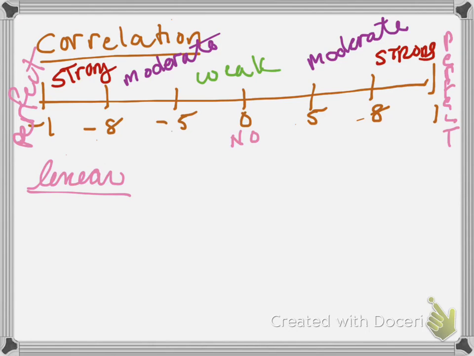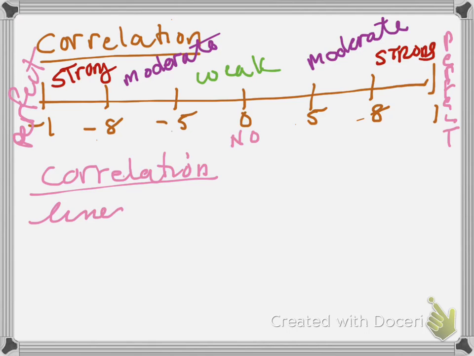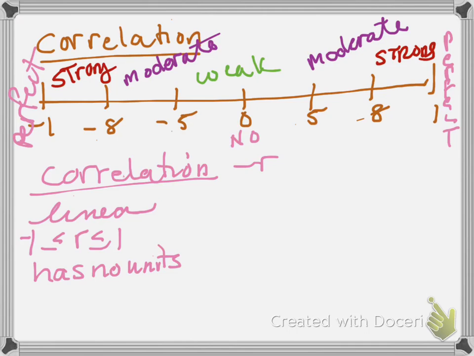All right, so let's write down the rules about correlation. It has to be linear. We denote the letter r for correlation. That is always going to be between -1 and 1. And it has no units. This is something that I explained in class, so if you weren't there, you're just going to take my word for it.